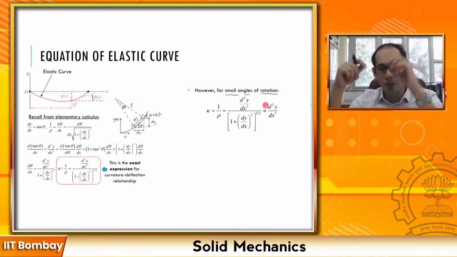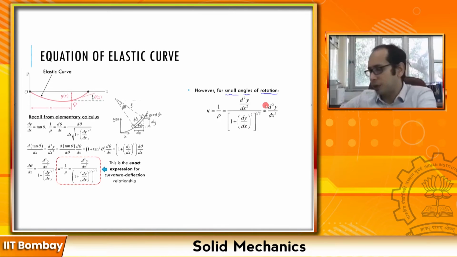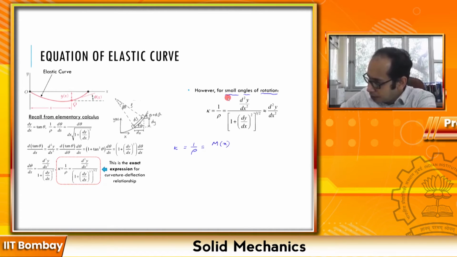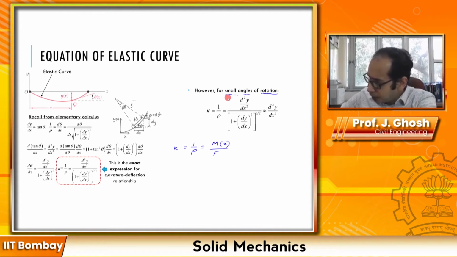So now if you tie the loose ends back together, what do we get? We had already seen that our expression for kappa equals 1 over rho, which is equal to M of x divided by EI.